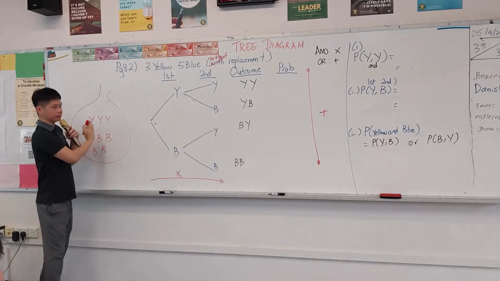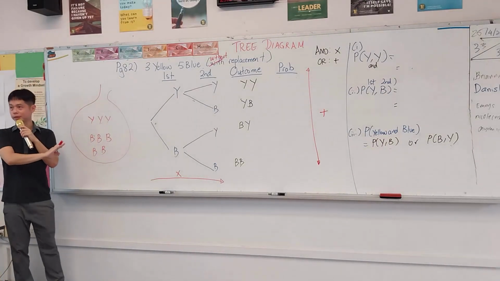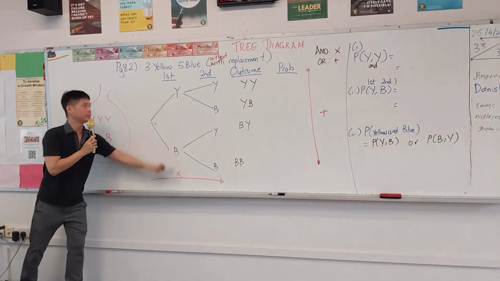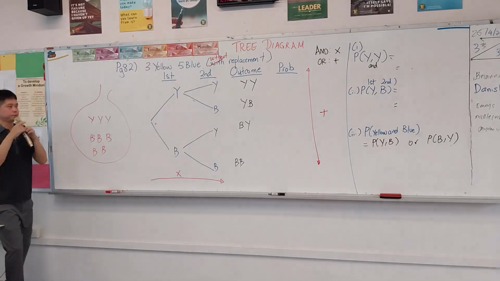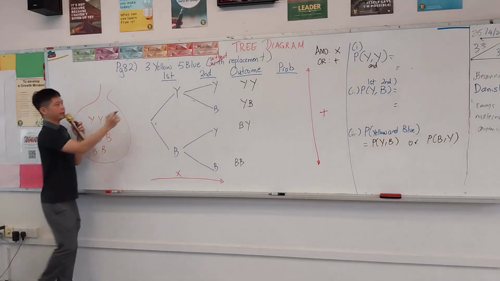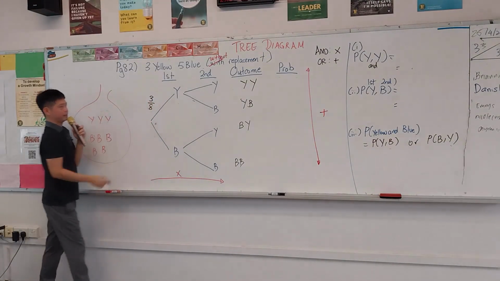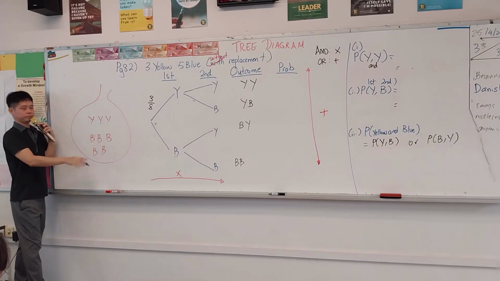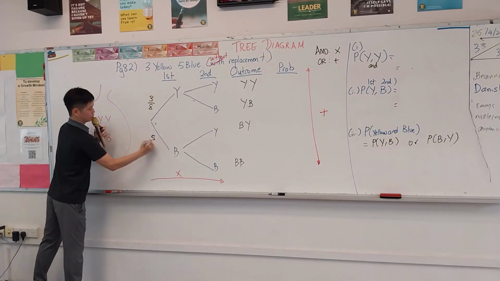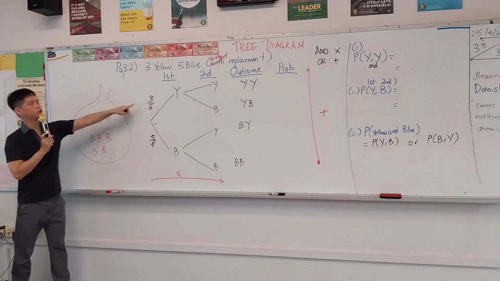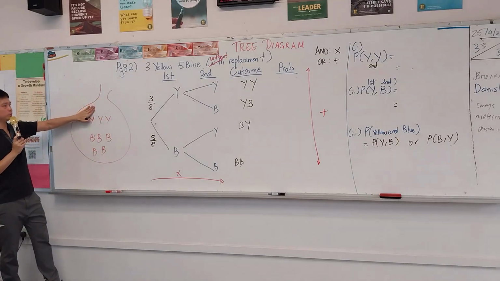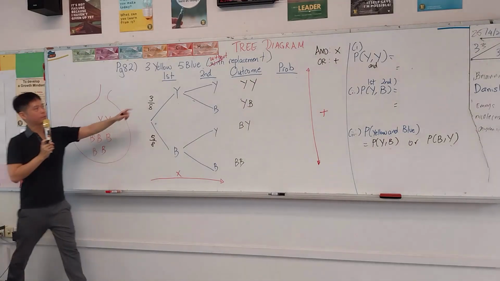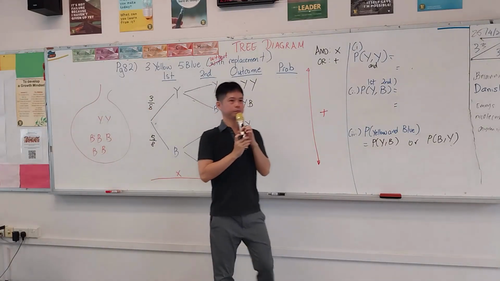Okay, come. Now this diagram is super important now. It will really help you to answer this question perfectly. What is the probability of getting the first one yellow? 3 over 8. And first one blue, 5 over 8. Okay, I've drawn the first one to be yellow, and I never replace that. So what's the probability of getting the second yellow?